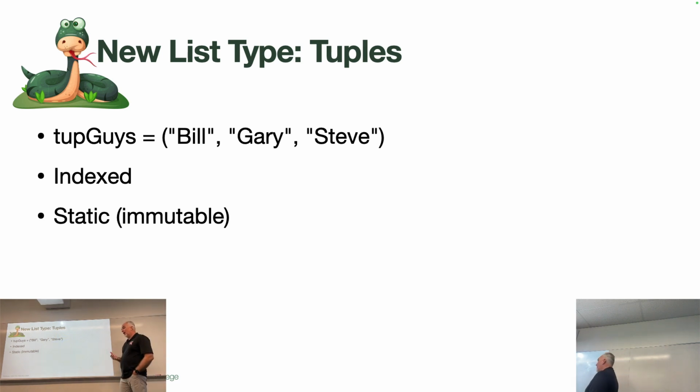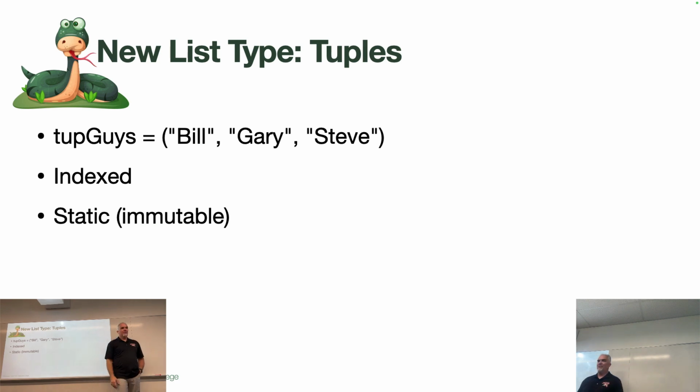The big place that you're probably going to run into tuples, honestly, isn't when you create them. It's going to be when you encounter functions and modules in Python that want you to send parameters as a tuple. One of the common things that I've seen done is it will say coordinates is the name of the parameter, and it will look for an X and a Y value as a tuple.